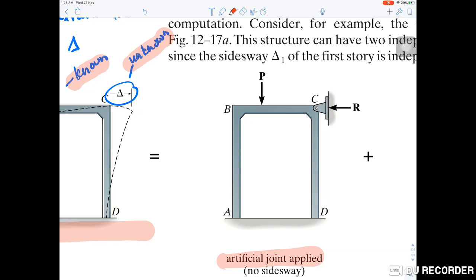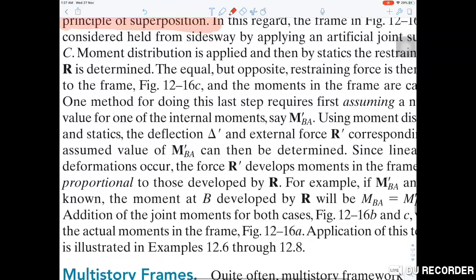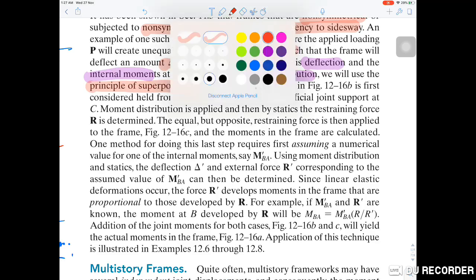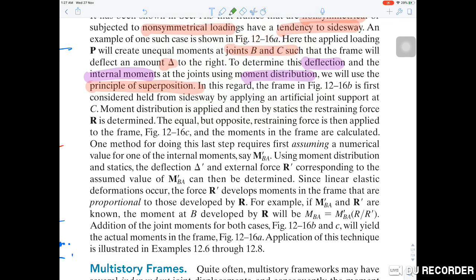Whenever we want to do that, it means that we have to put an artificial joint at C. Diagram B is first considered help from sidesway.